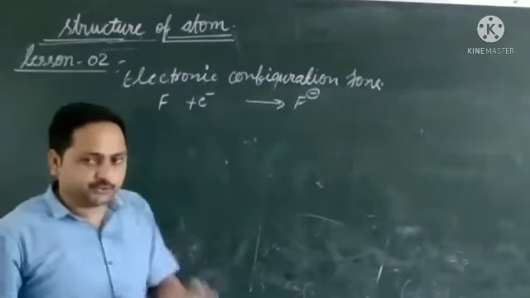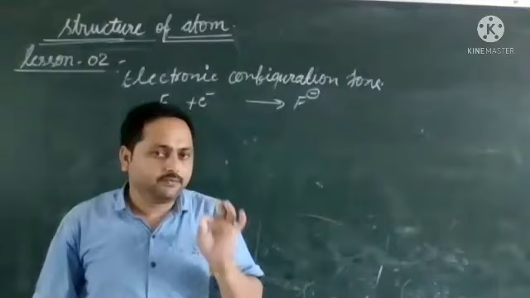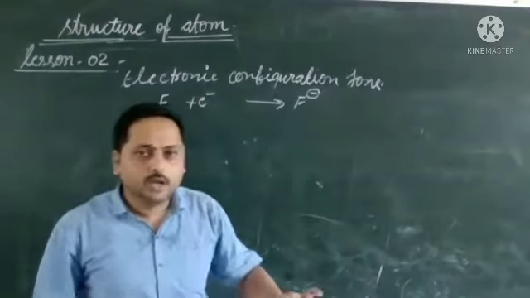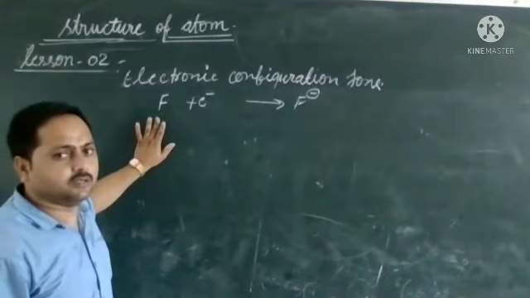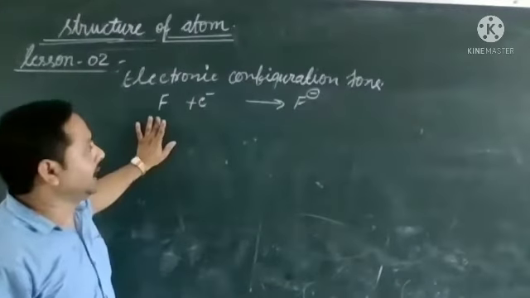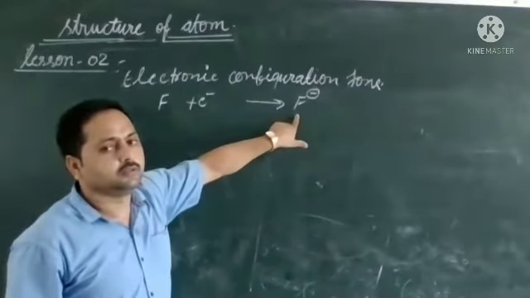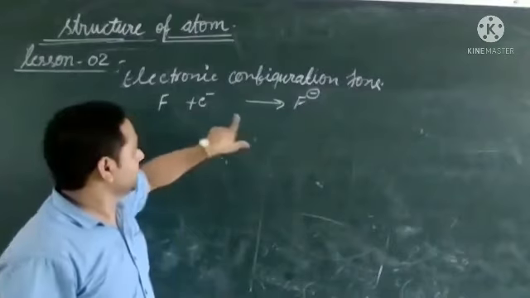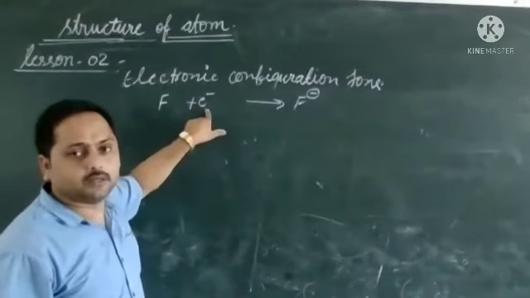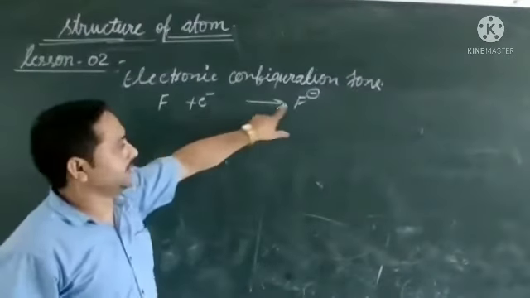If I ask you the number of electrons in this, it is 9, and in that, how many? 10. Because it has gained 1 electron here, this electron also will be added in that.